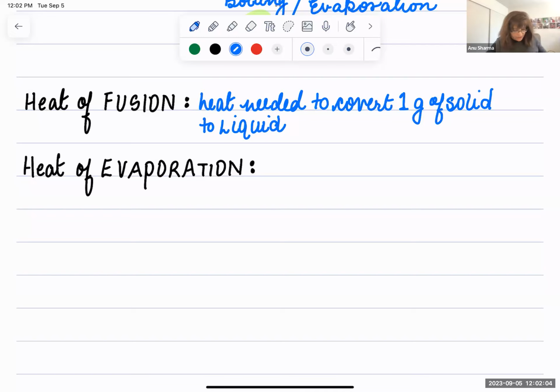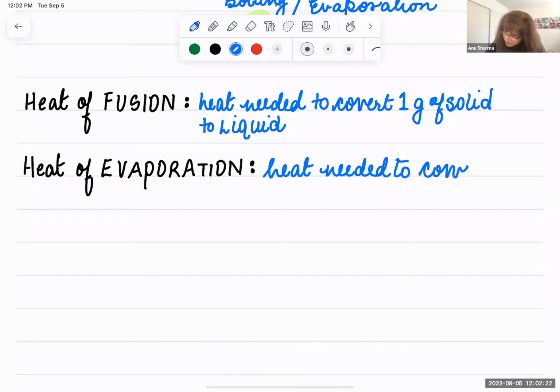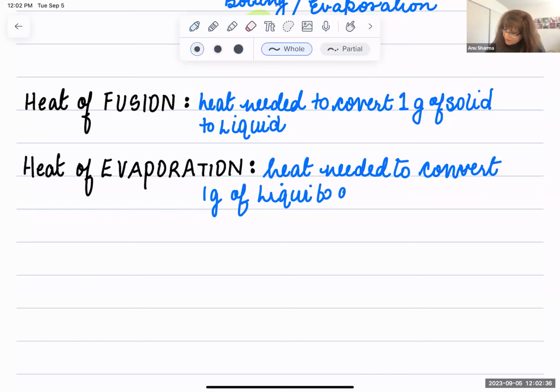And what is the heat of vaporization? The heat of vaporization, or the evaporation, is the same. The heat of vaporization is the heat needed to convert 1 gram of liquid to gas, to its gaseous state, right?